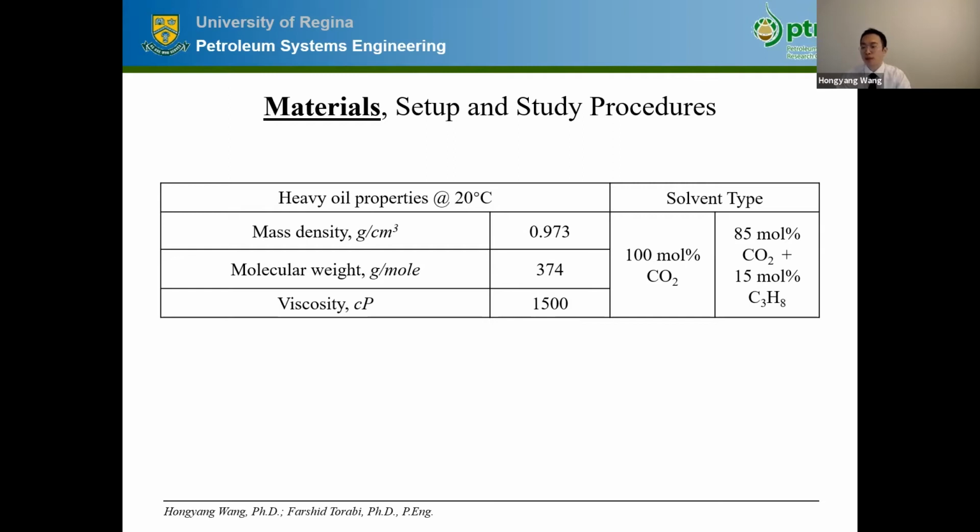The purpose of bringing down the viscosity is trying to prove the feasibility of foamy oil formation and stability study in such a microfluidic system. And if it works, the viscosity of the oil sample will be brought up step by step to a very high level.